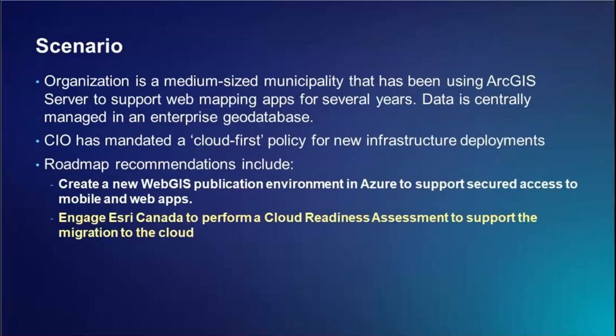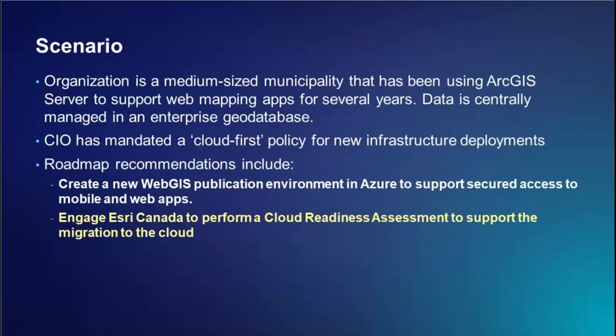So I'm going to pass it over to Simon here. And just before I do that, I'll mention a scenario that would be an example of how it would position you to go through a cloud readiness assessment. For example, maybe an organization has gone through this roadmap exercise. They're a medium-sized municipality. They've been using ArcGIS Server to support web mapping apps for several years.